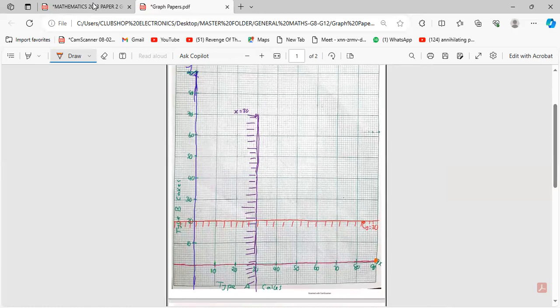On the y-axis, and this has to go all the way up to here. On the y-axis, you mark 90. Then you join, right? So use your ruler and you join. But in my case, I'll do this so that I can easily follow.